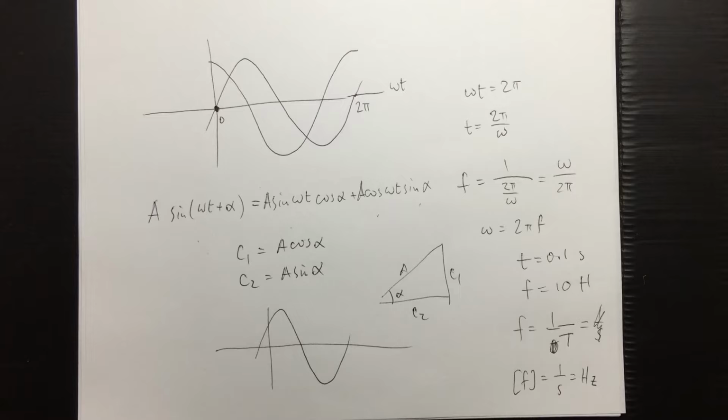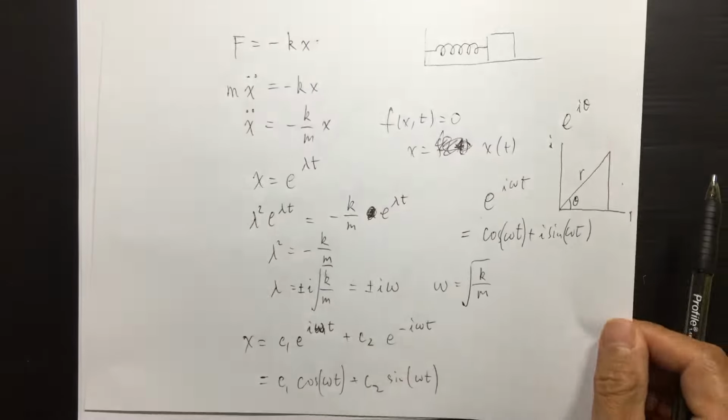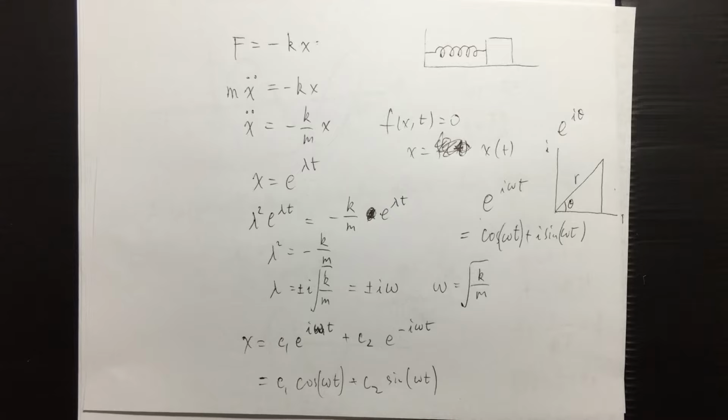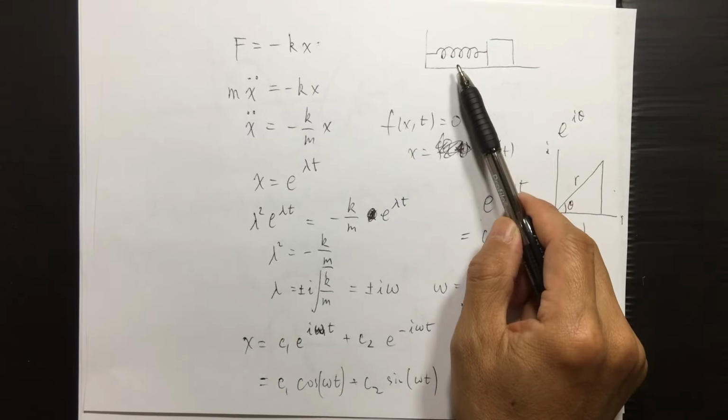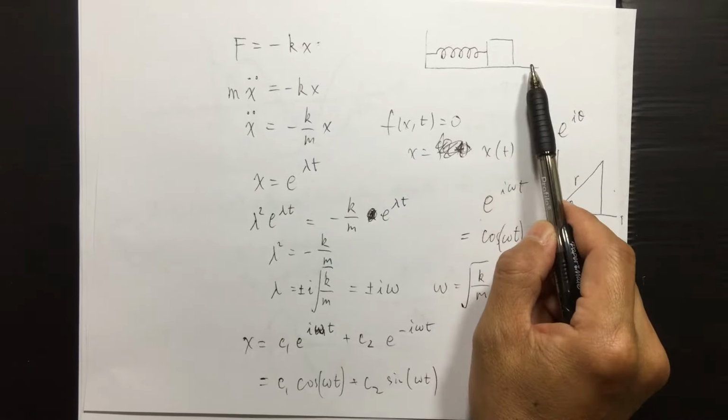I'm not going to get into it. In high school physics, I think when you get to this, once you have this sine and cosine, they spend a lot of time on whether you push a spring over and let the spring bounce back.